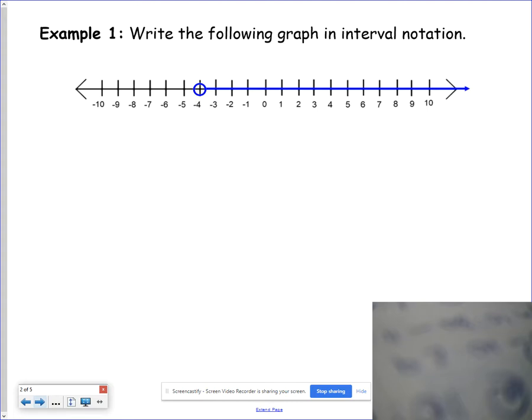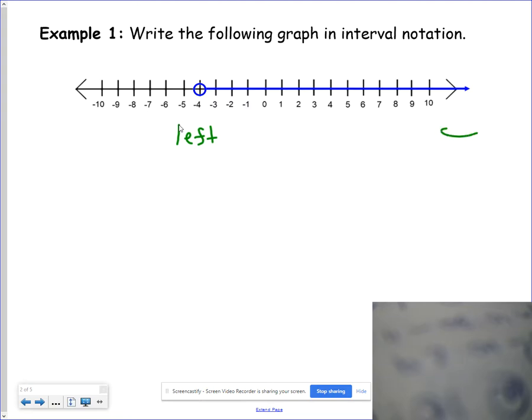Okay, example 1. Write the following graph in interval notation. So let's identify our left number and our right number. Our left number is -4. Our right number, well, this graph goes forever to the right. So these numbers are getting larger and larger. 8, 9, 10, it keeps going.